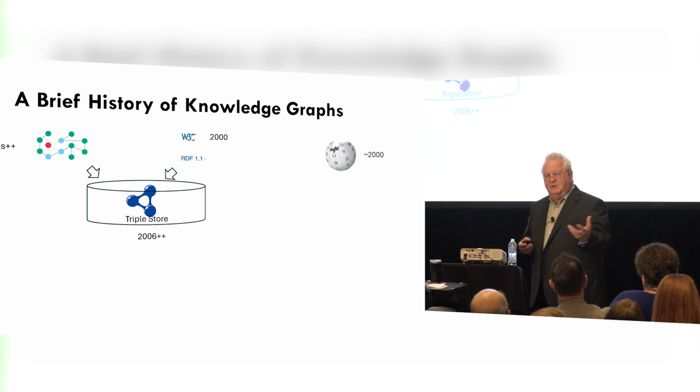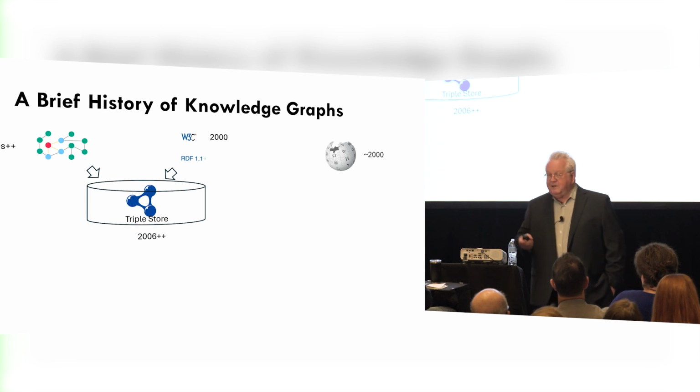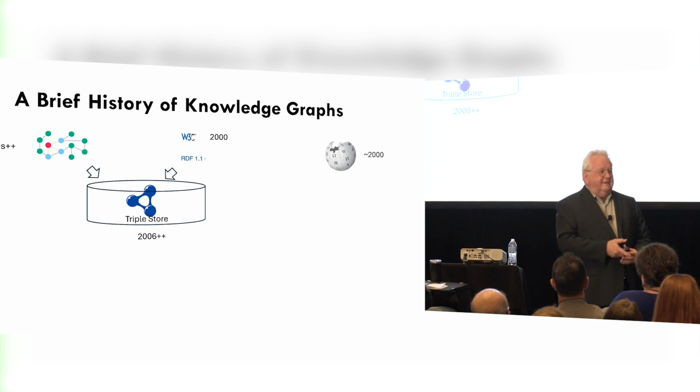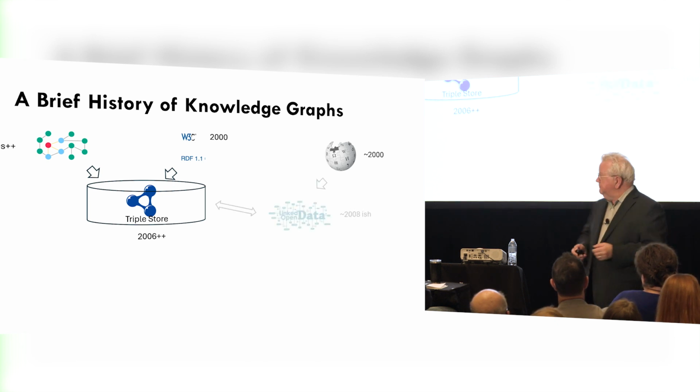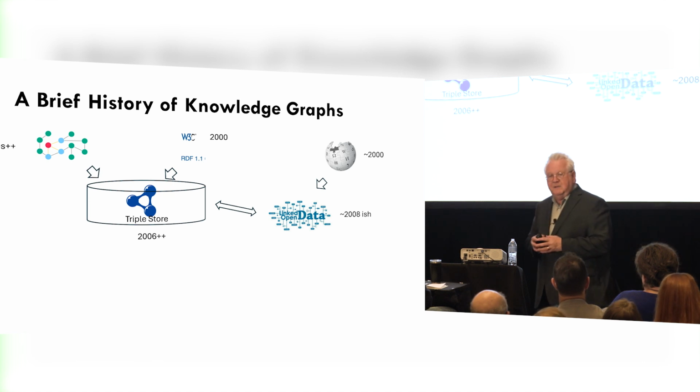And then Soren Auer at the University of Berlin looks at Wikipedia and says, those little info boxes over there on the side have some easy to scrape information. I'll just rip all of those little info boxes off and put them in a commercial triple store, and created this thing they called linked open data.